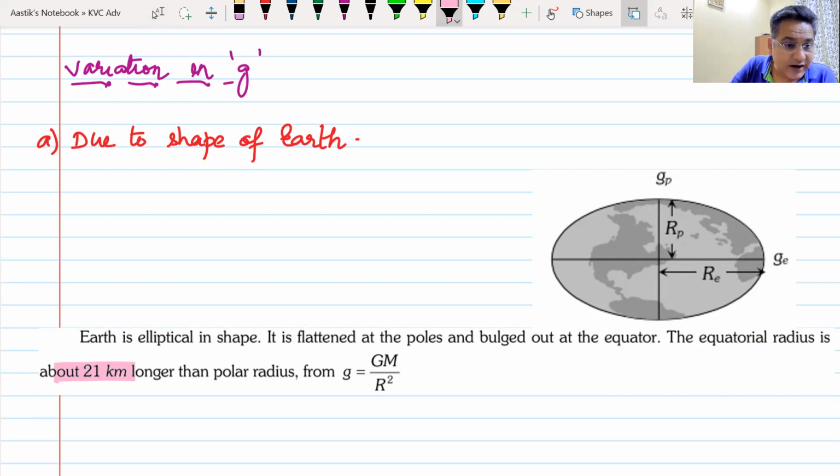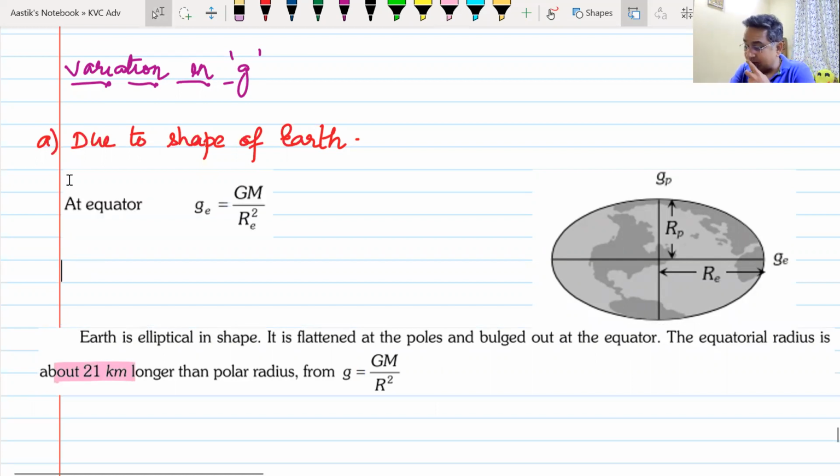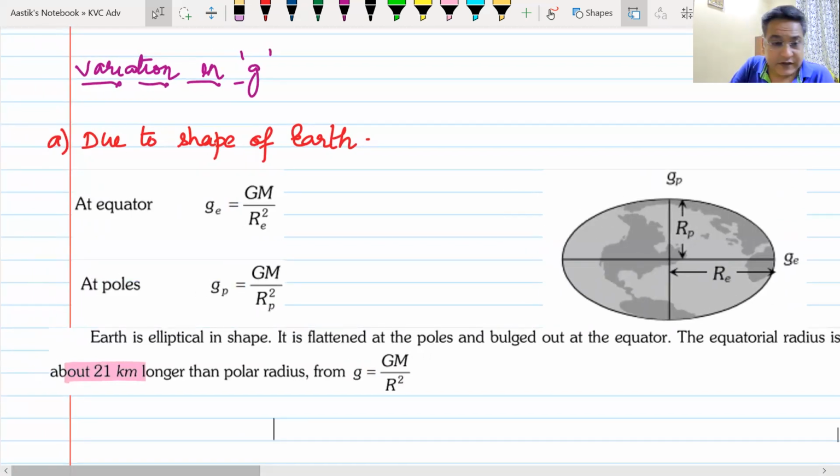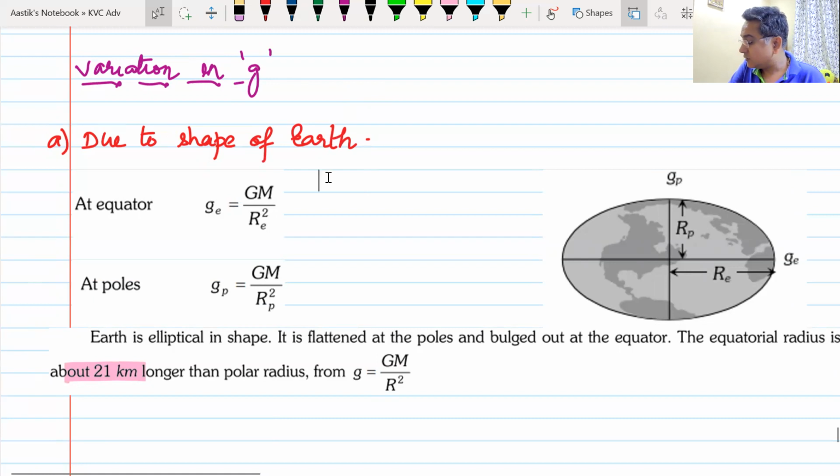So if I write the value of g at equator, it will be GM by Re square, where Re is the radius of earth at the equator. If I write the value of g at the poles, it would be GM by Rp square, where the radius is Rp.